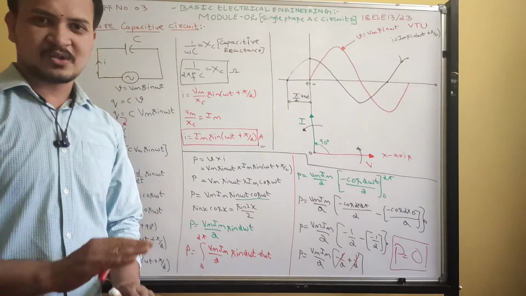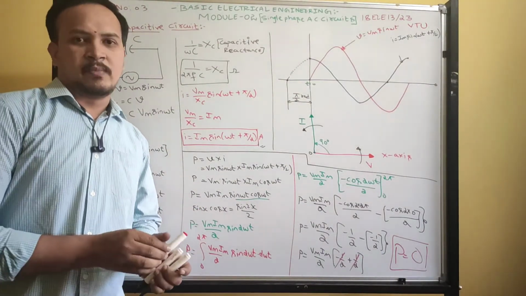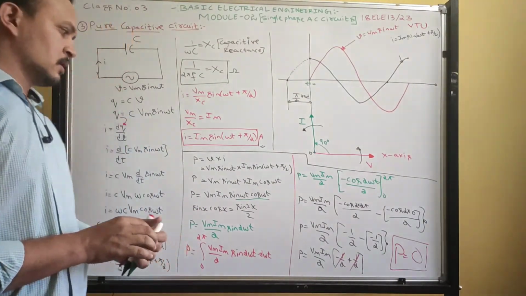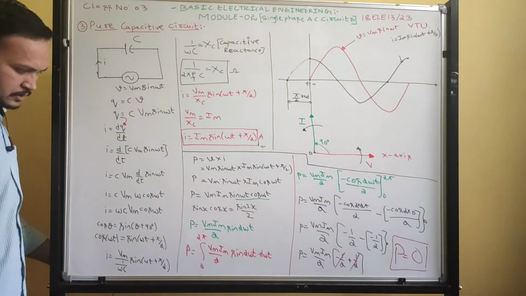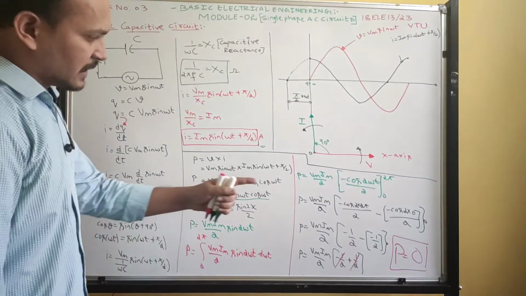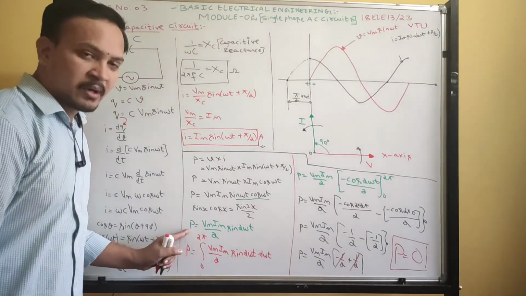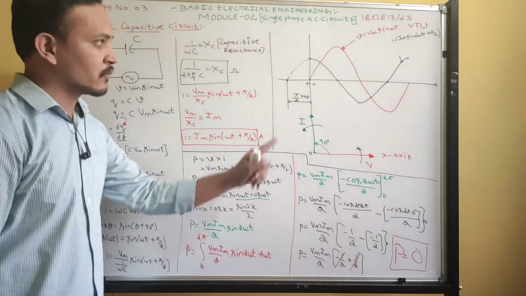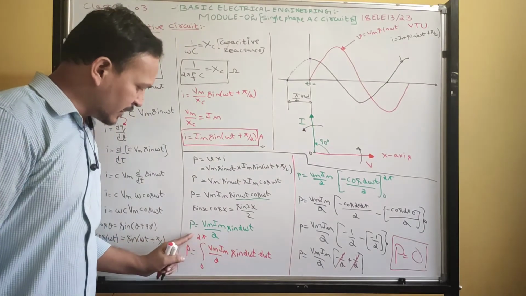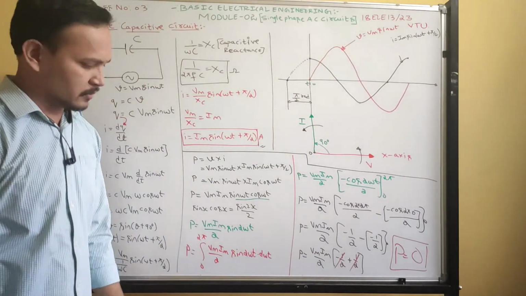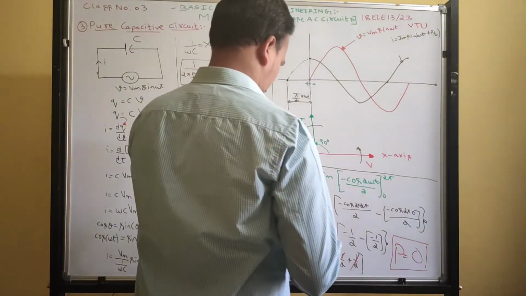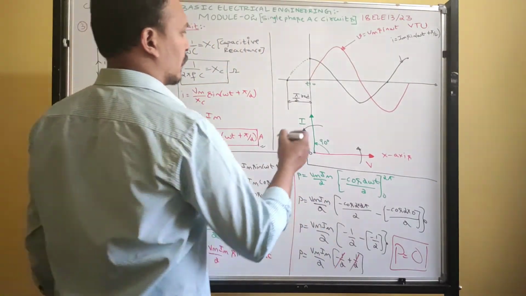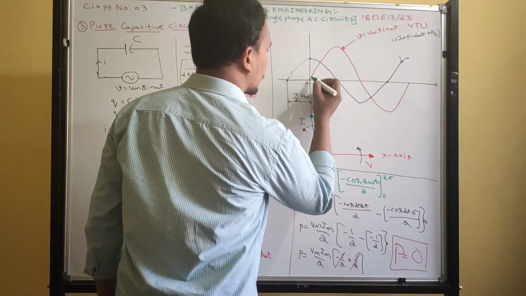Therefore, what can you conclude? A pure capacitor also never consumes power. Okay, got it? So this completes the pure capacitive circuit. But we can check whether we get a power wave of 2 cycles for one voltage cycle, because of double frequency. I am writing with green color. Multiply the current and voltage waveforms.